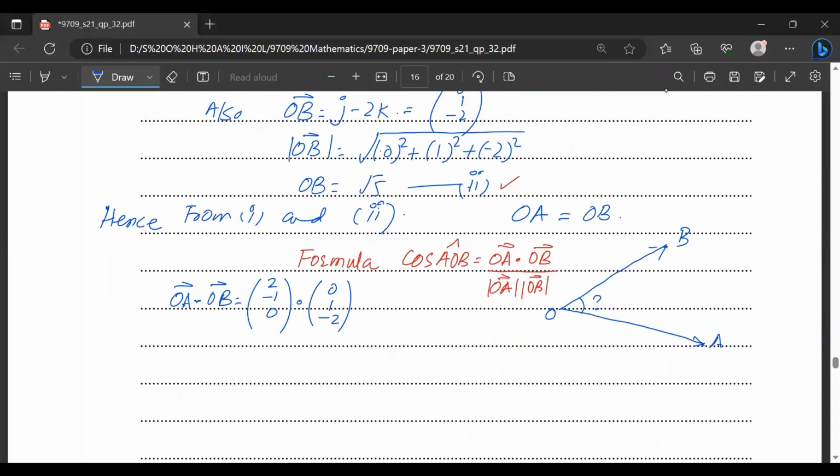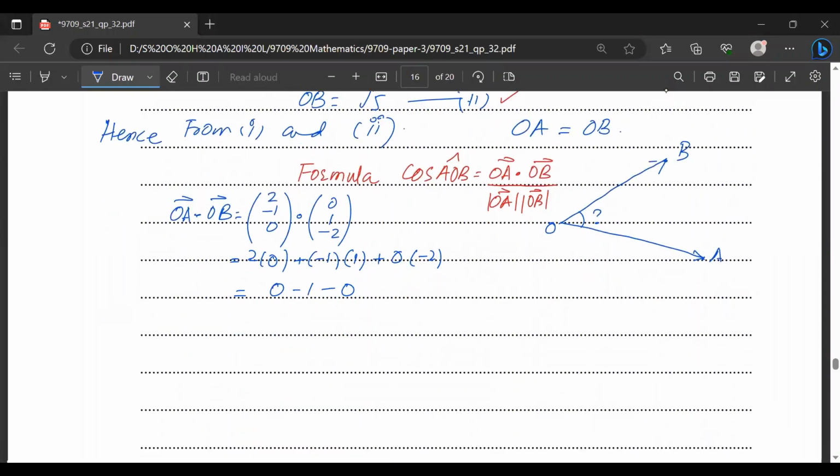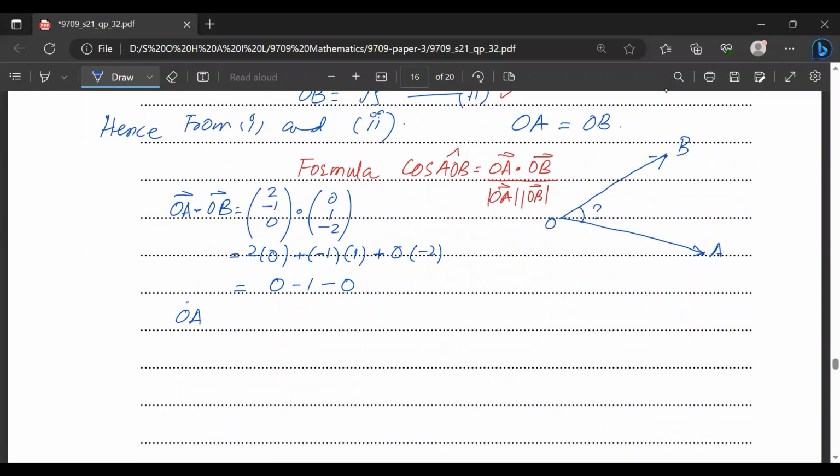So the scalar product is equal to 2 into 0, minus 1 multiplied by 1, 0 multiplied by minus 2, which is equal to 0 minus 1. So the scalar product OA dot OB equals minus 1. Let's label this as 3.